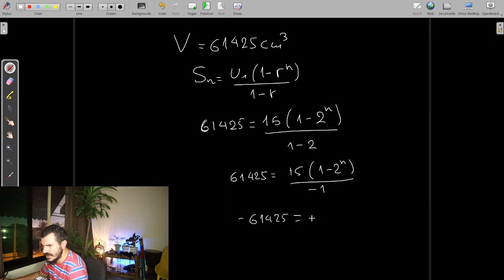So minus 61,425. Now this is simple algebra. 15 minus 15 times 2 to the power of n, on the other side minus 61,440 equals minus 15 times 2 to the power of n.